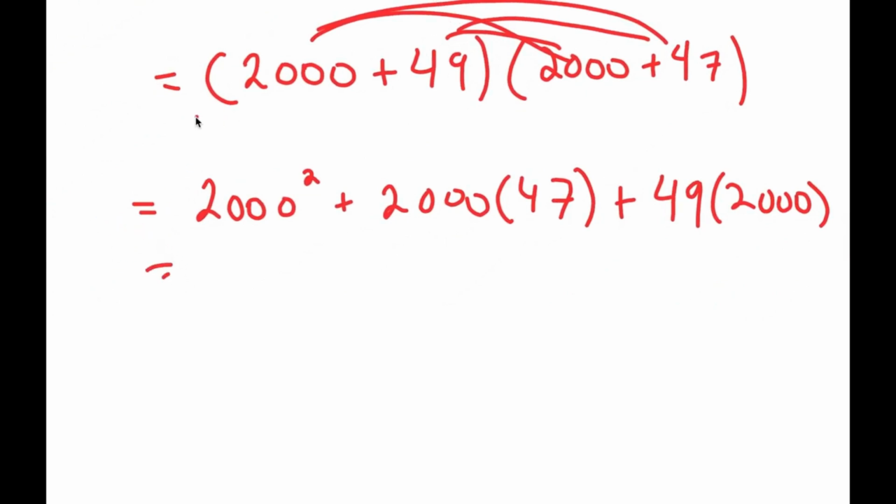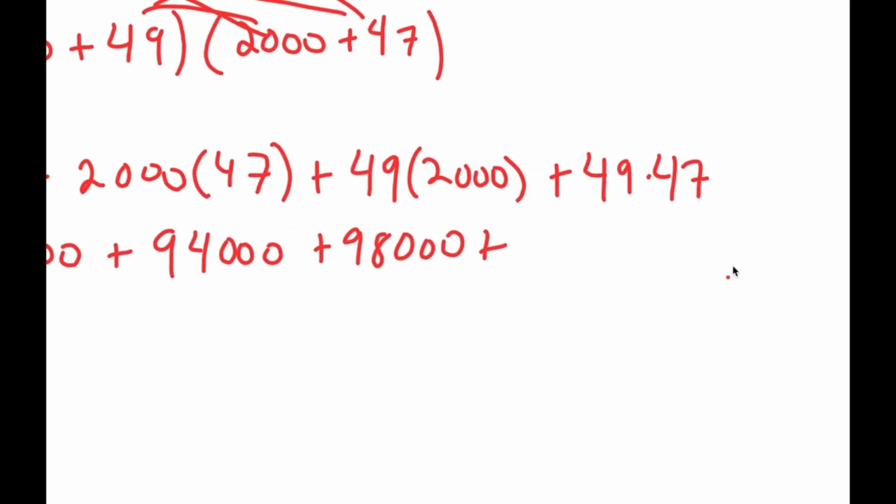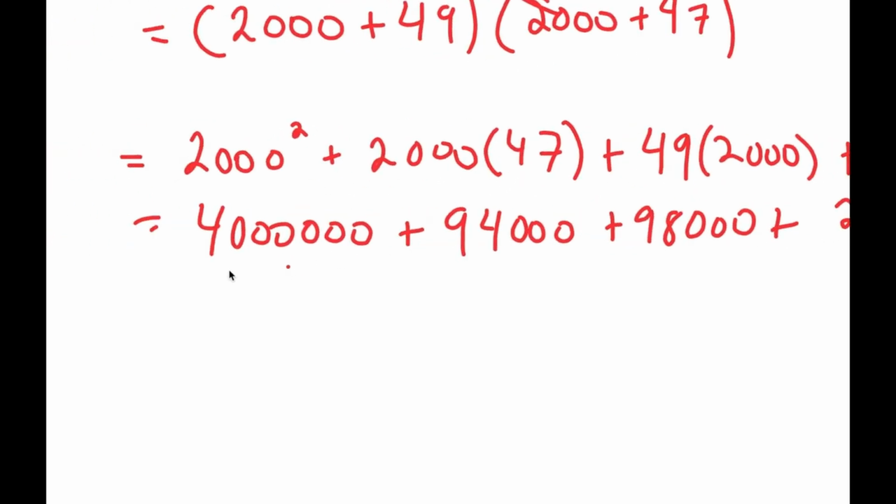Now 2000 squared is going to be 4 million, plus 47 times 2000 is 94,000, plus 49 times 2000 is 98,000, and finally 49 times 47 is 2,303.